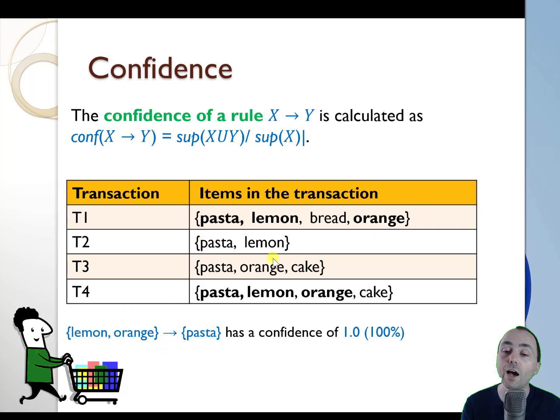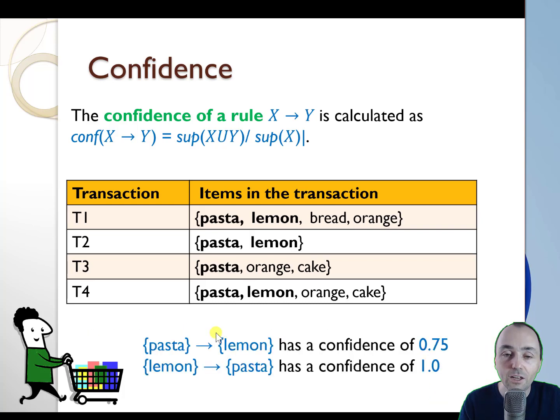It is twice. Divided by the support of X. That means how many times lemon orange? Twice. So 2 divided by 2. That means 1. It means 100%. So what does it mean? If you have a confidence of 100%, it means everyone who buys lemon orange will buy the pasta. So it is a very, very strong association in your data.